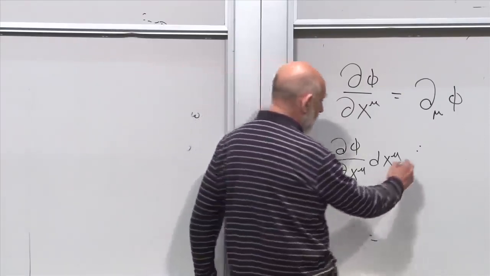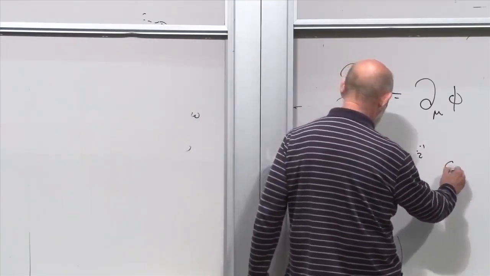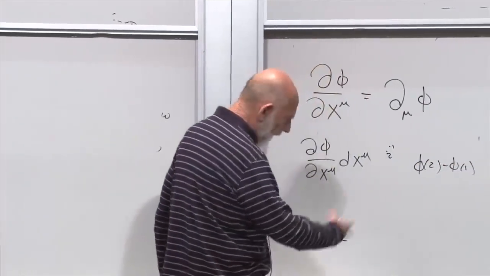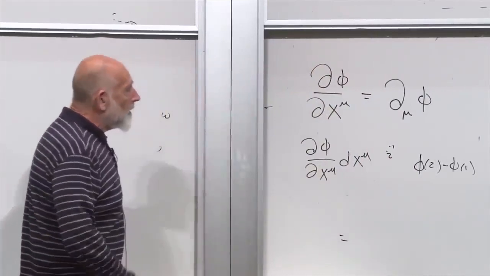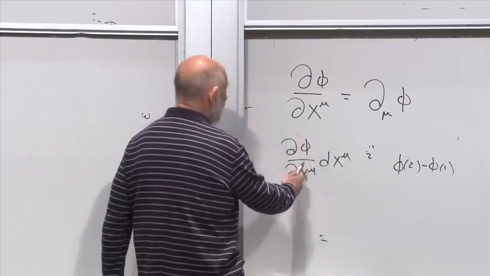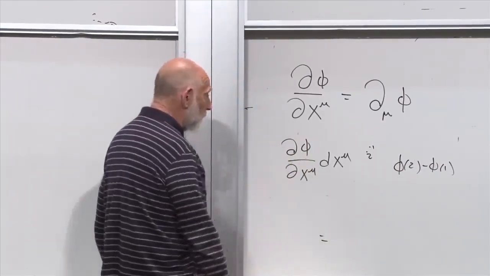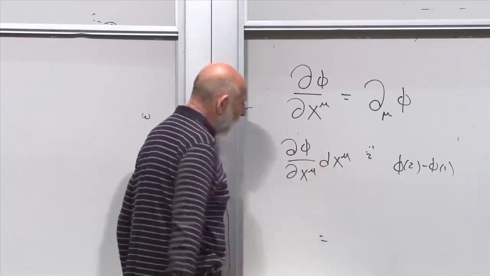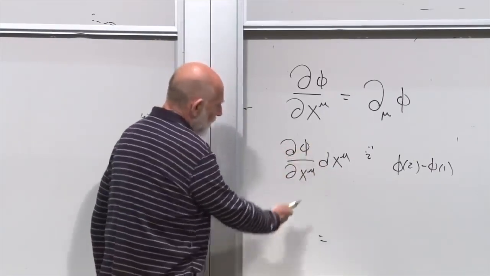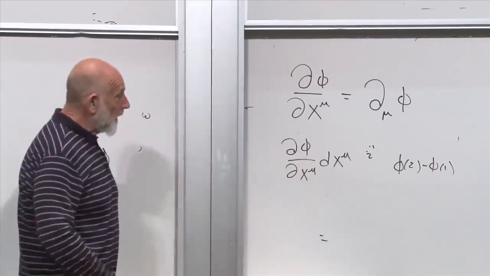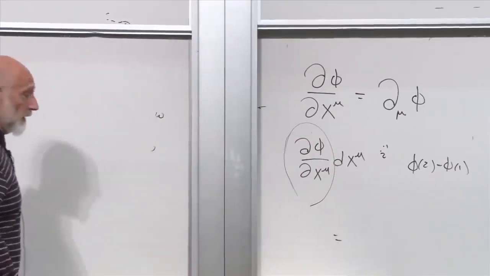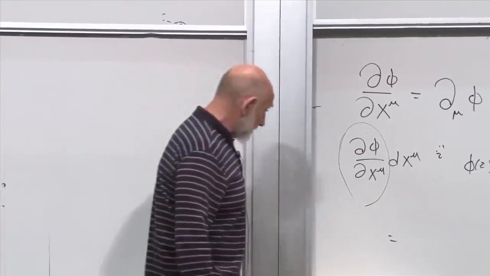This is nothing but, if we call this point 2 and point 1, this is just phi of 2 minus phi of 1, but it is just the difference of two scalars, and therefore itself is a scalar. So, by a theorem that I didn't prove, but I told you about, if you have a contravariant vector and you multiply it by a collection of symbols with a script mu, if the result is a scalar, the theorem says that the other piece of it here is a covariant vector.